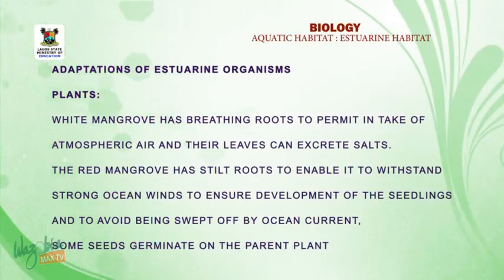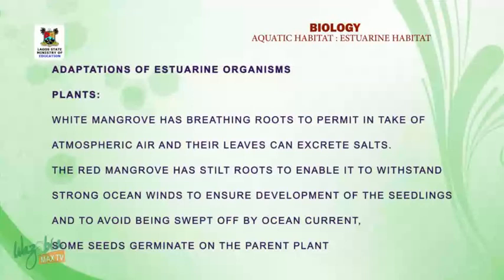White mangrove has breathing roots to permit intake of atmospheric air, and their leaves can excrete salt. Then the red mangrove has stilt roots to enable it to withstand strong ocean winds.